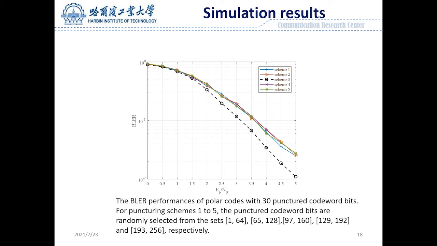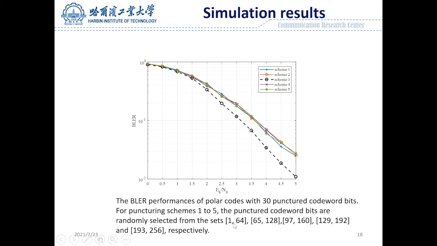We consider polar codes with code length 256 and code dimension 93. This figure shows the block average performance of polar codes by randomly puncturing 30 codeword bits in different sites.